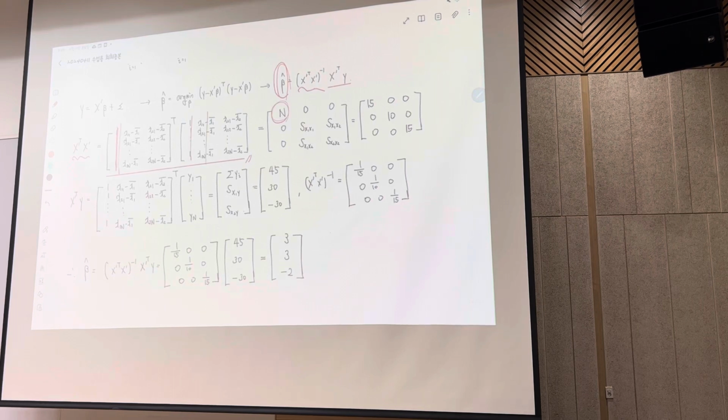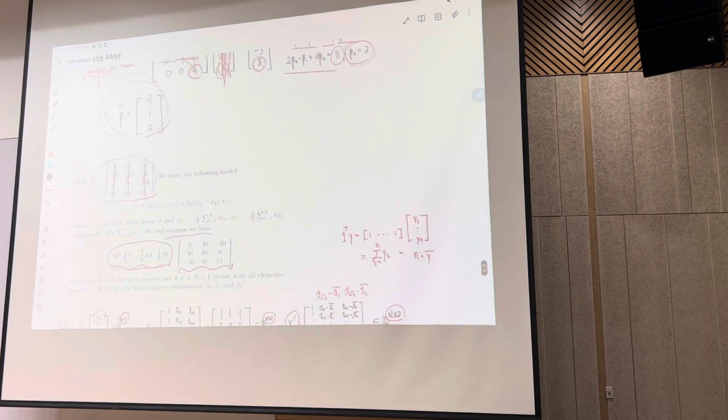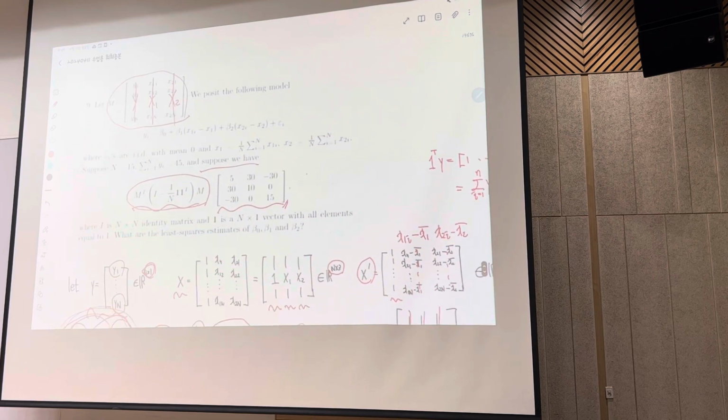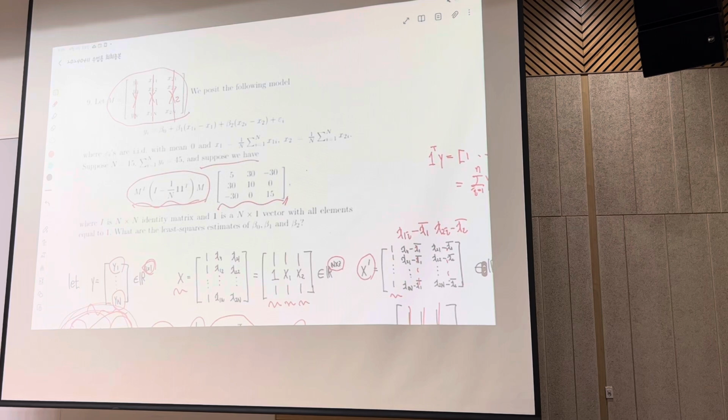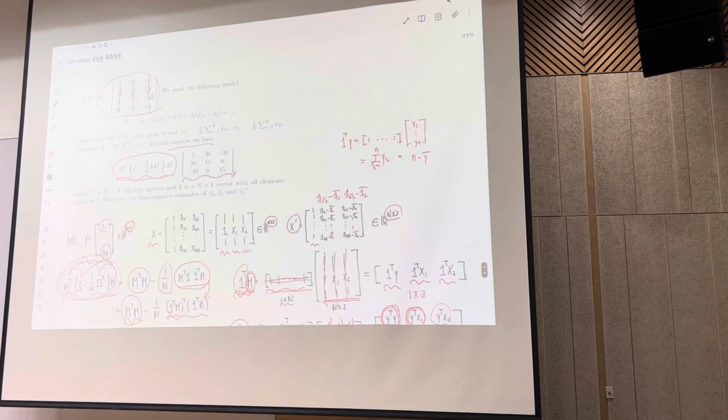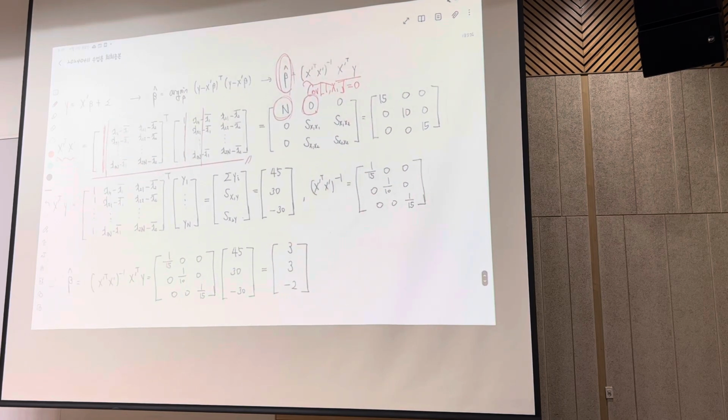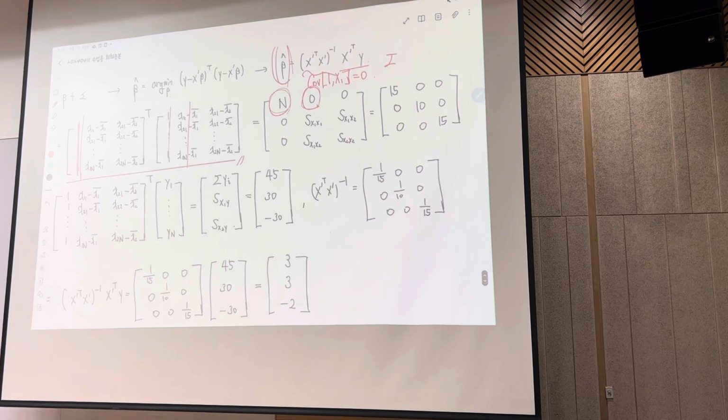This one and this one will be 0 because the covariance of 1 and x1 is equal to 0 here. The summation of xi minus x bar is equal to 0. So this term and this term are equal to 0. And then this term can be calculated like this one and this one.